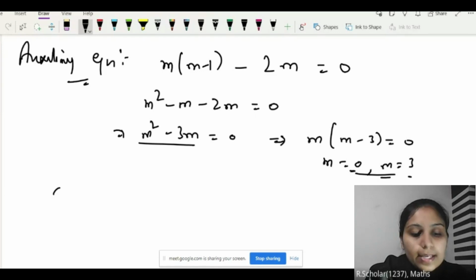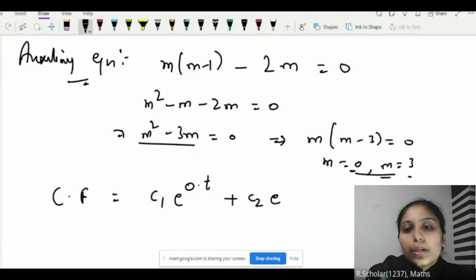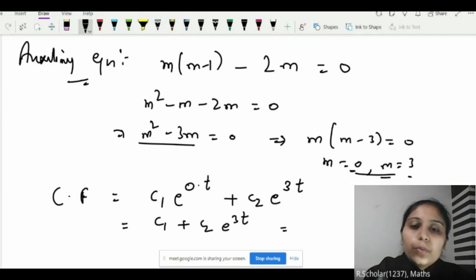And in this case, we write CF as C1 e raised to power 0t plus C2 e raised to power 3t, because we have the independent variable as t here. Now C1 plus C2 e raised to power 3t, convert back into x.